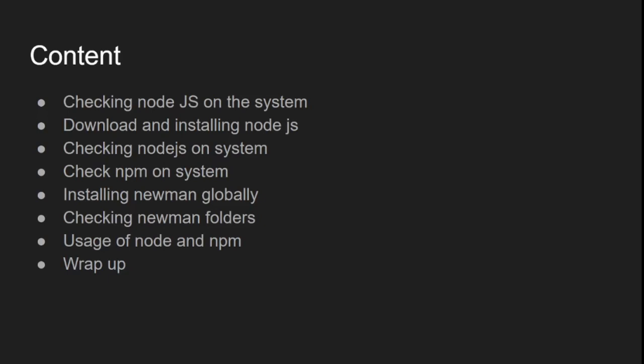Once downloaded and installed, check the version of Node.js and the version of NPM, which we also installed. Then install Newman globally, check the Newman folders, and then we'll talk a little bit about usage of Node and NPM, and then wrap up.